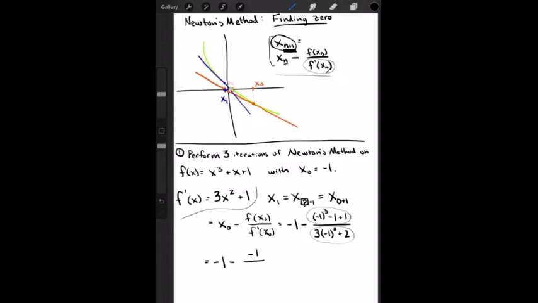The -1 squared becomes +1, so we get 5. So x1, because that's what we started off trying to find, is going to be -4/5.